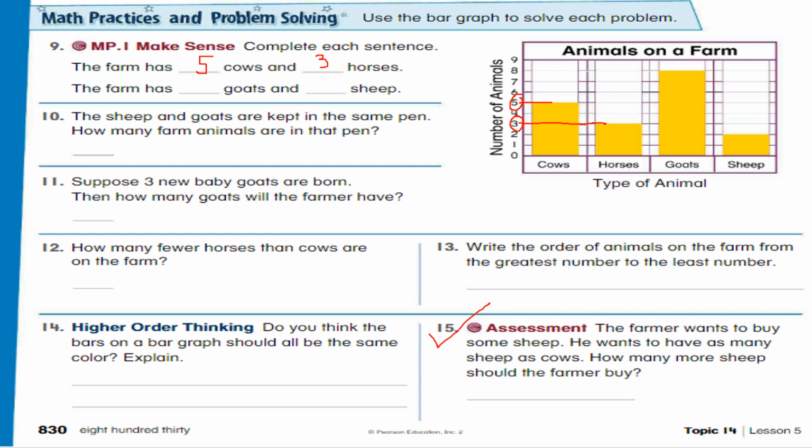The farmer wants to buy some sheep. He wants to have as many sheep as cows. How many more sheep should the farmer buy? Okay, so the question is that the farmer wants to buy sheep and he wants to have as many sheep as cows. So first of all, let's see how many sheep we have in the graph.